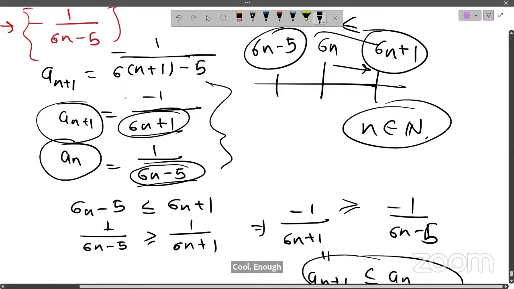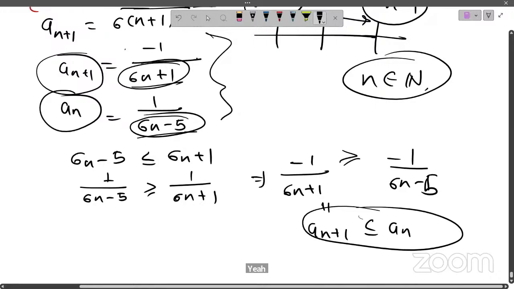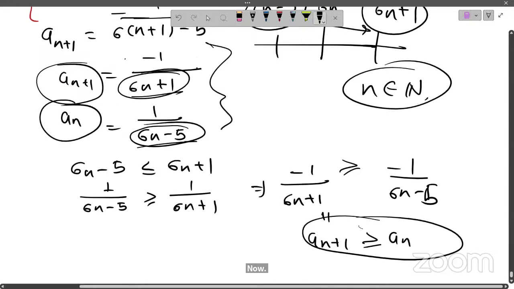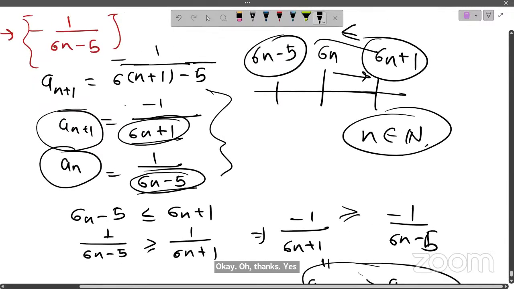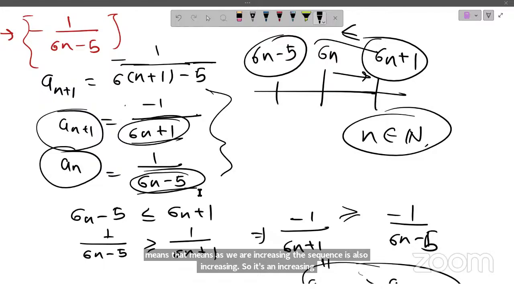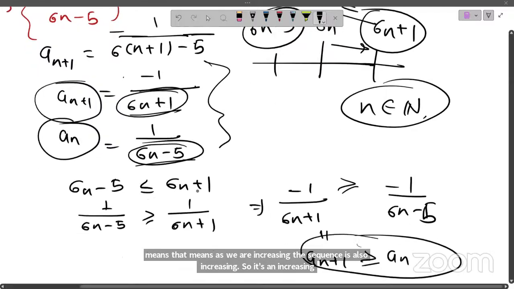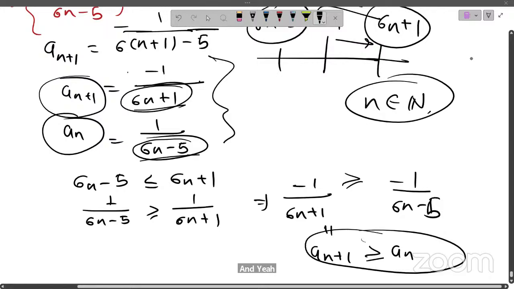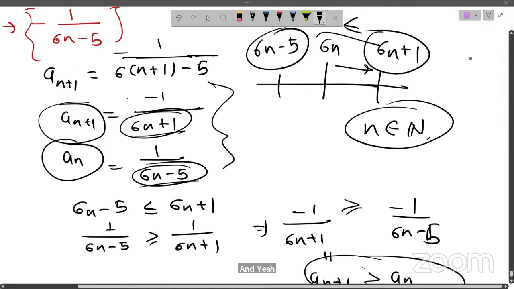So now that this is true, that means as n is increasing, the sequence is also increasing. So it's an increasing sequence. Yeah, correct. You're right.